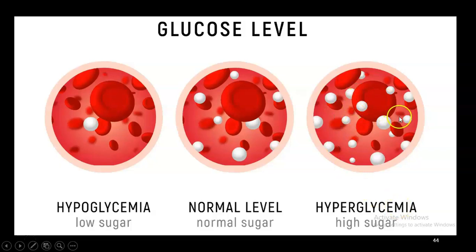So from this picture, you can see the excess of these white substances depicting sugar here. So hypoglycemia means you have very little sugar. In this picture, you have only one sugar here. So this picture is showing us the meaning of hypoglycemia, the normal level of sugar, and then hyperglycemia.